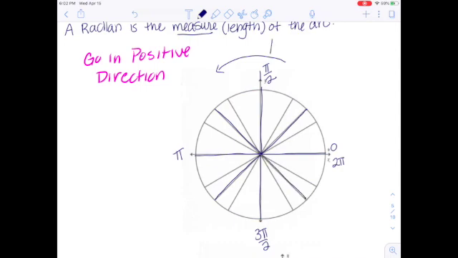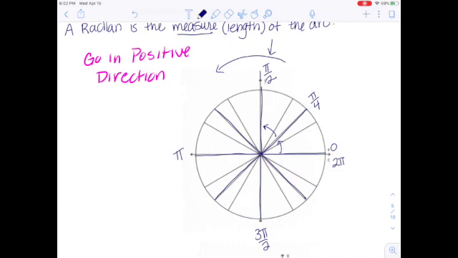So each piece is a fourth, right? Because if you are looking at this angle, which is pi over 2, half of that, which is equivalent to 45 degrees, would be pi over 4. So you can go around your unit circle adding pi over 4s. So that angle right there is pi over 4.